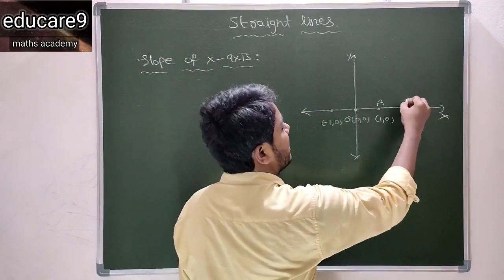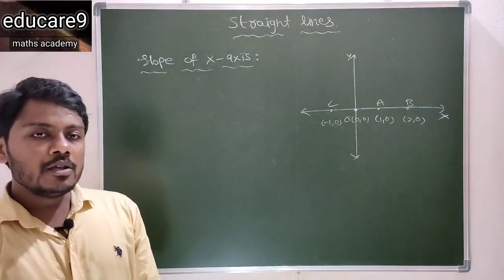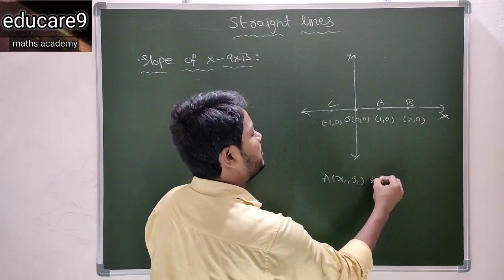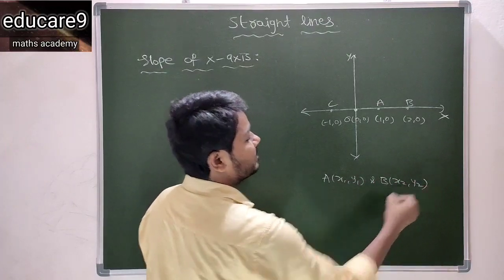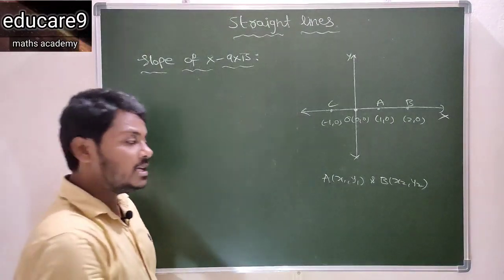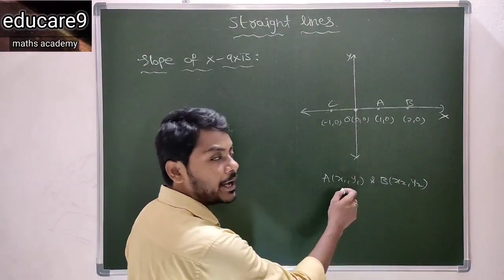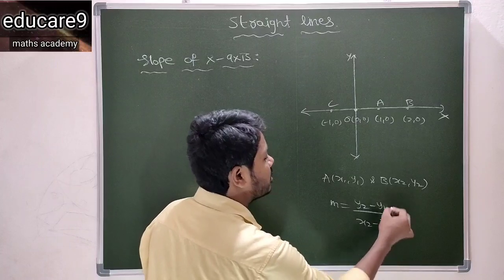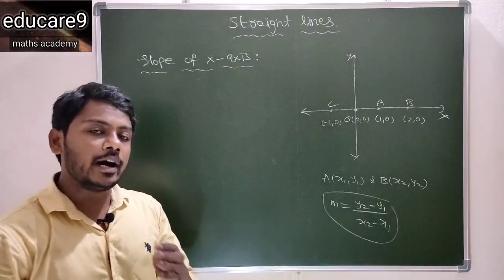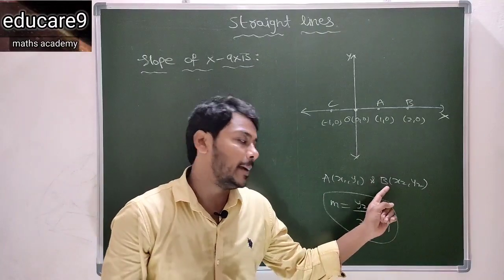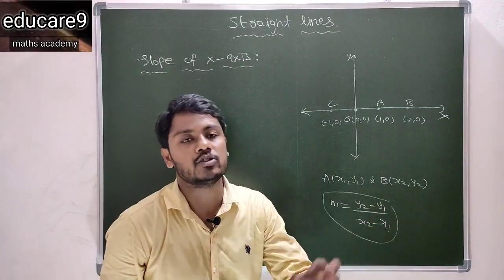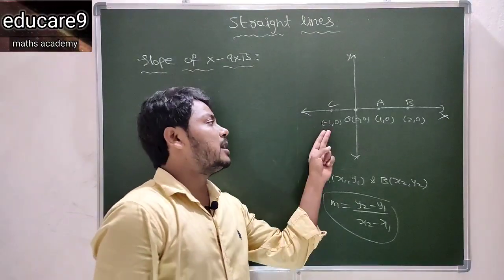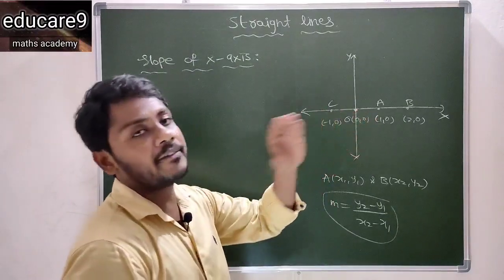So for example, this is A, B, C. So you know that if the points are A (x1, y1) and B (x2, y2), then the slope of AB is m equal to the difference of y coordinates, that is (y2 minus y1) by (x2 minus x1). Okay. So see here, take any 2 points on x-axis for finding the slope of x-axis.